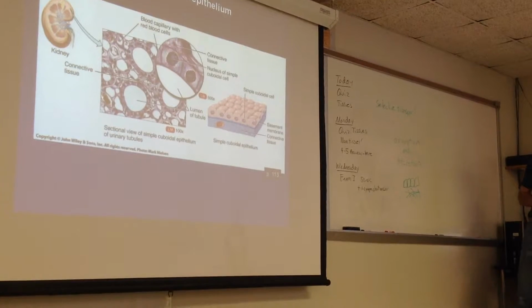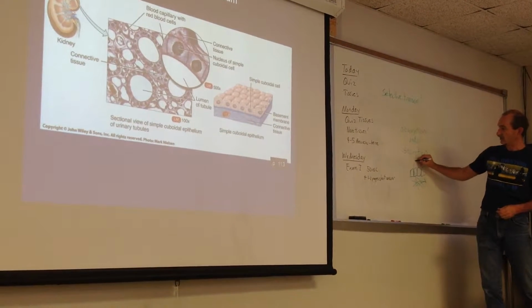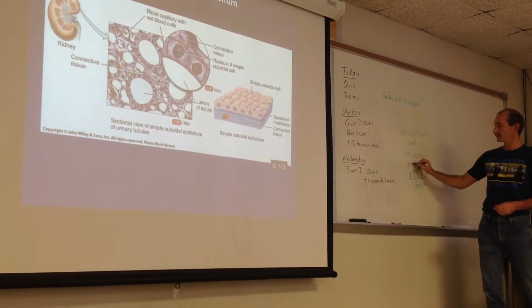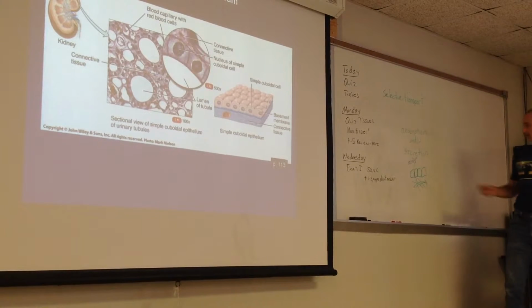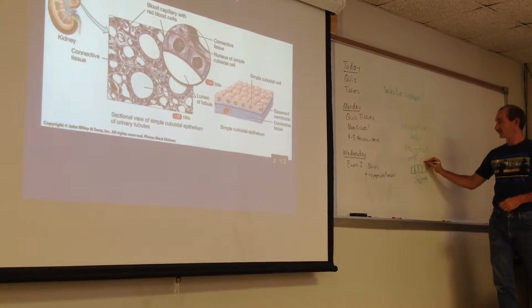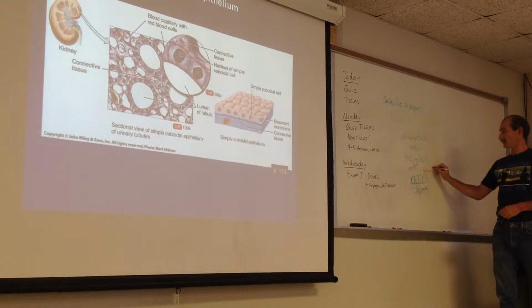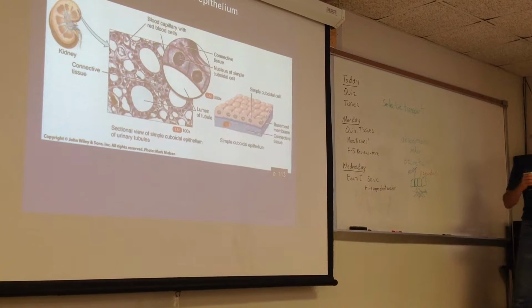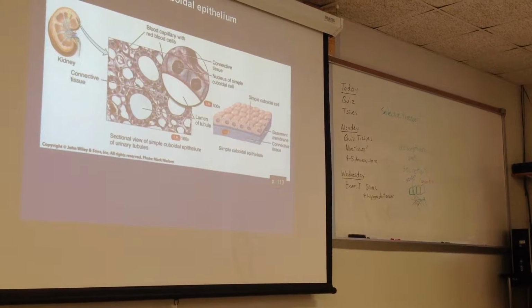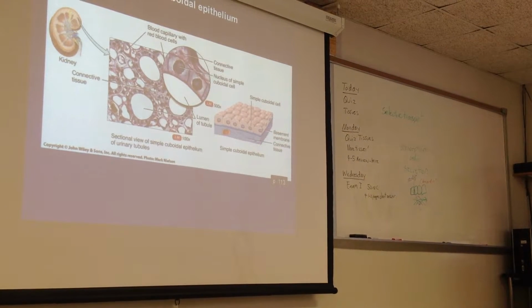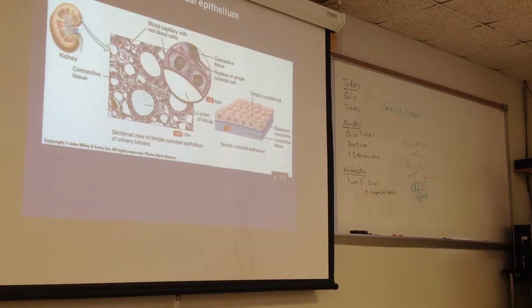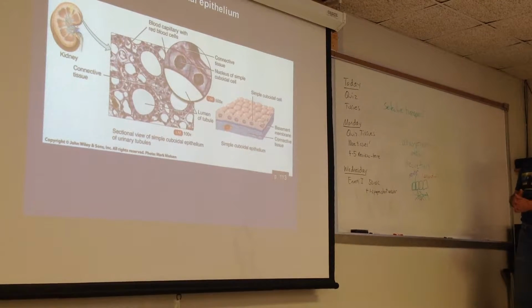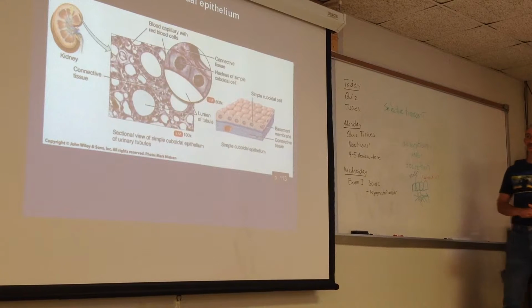Sometimes we have things that are being exported out, that are being secreted. Sometimes we have things that are being brought in. Both of these are happening in kidney tubules, by the way. Secretion and absorption. Again, the cube-shaped cells may be a little thicker than squamous, but still it's just a single layer, and it's a pretty good anatomical arrangement for allowing materials to move from one side to the other.